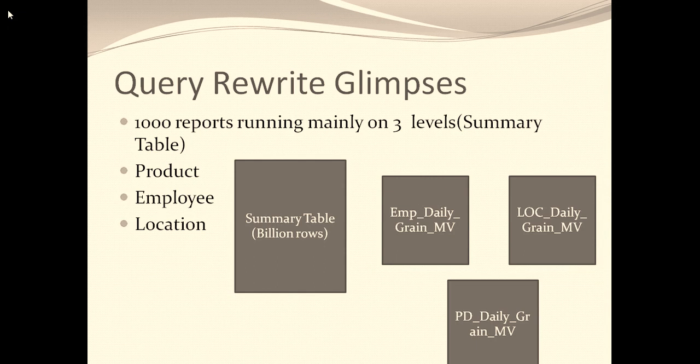So though I have not changed my query at all, the optimizer, instead of reading data from the summary table, will read the data from these materialized views, which are already aggregated at a higher grain, thus improving the performance incredibly without changing the code at all.